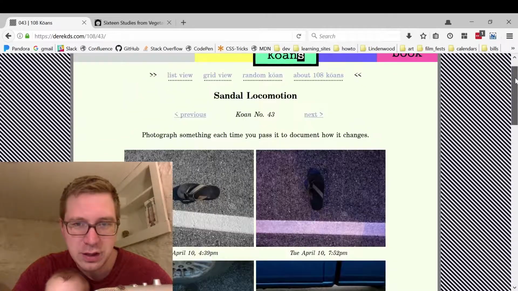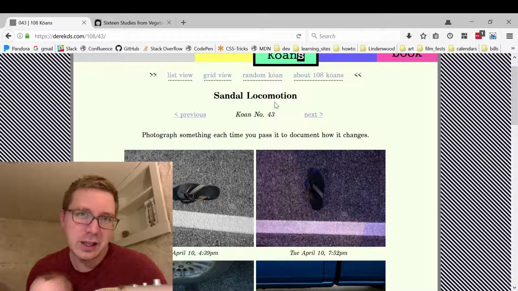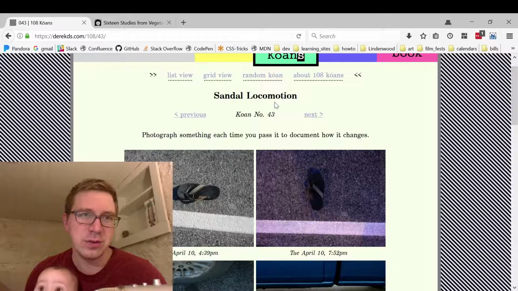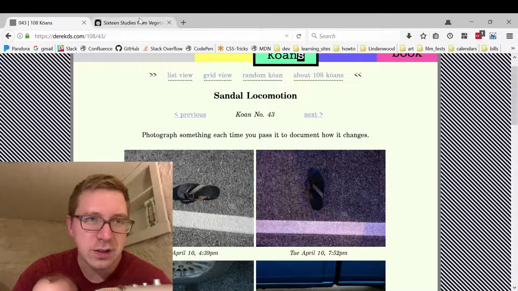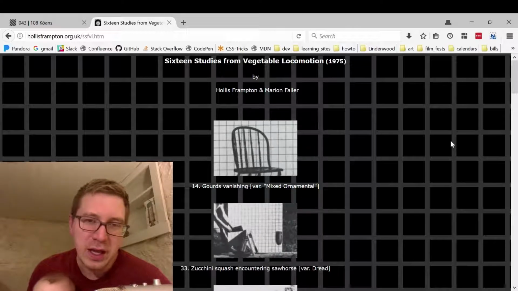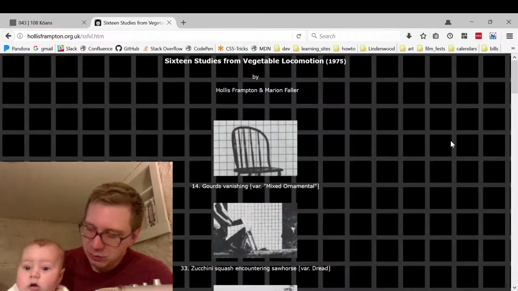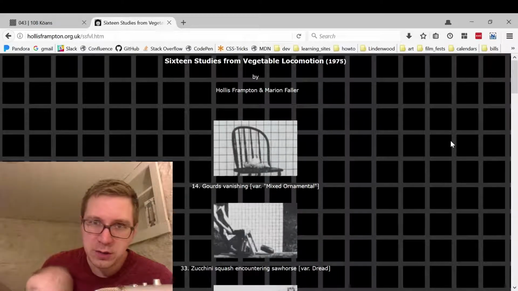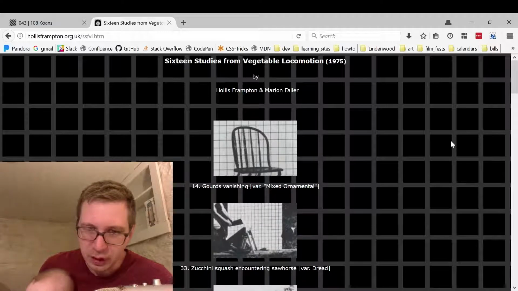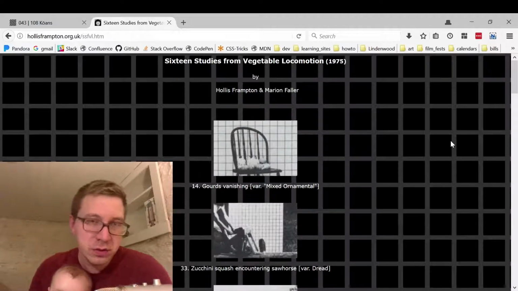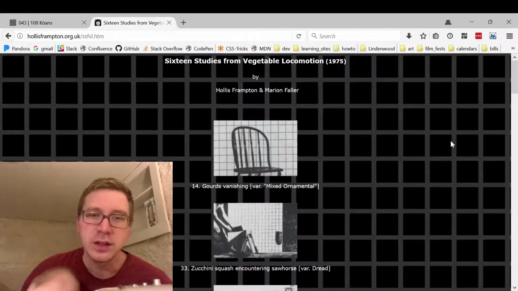And the title here, Sandal Locomotion, is in fact a reference to Vegetable Locomotion, a series of photographs by Hollis Frampton and his wife, the photographer Marion Fowler. Hollis Frampton is one of those structural filmmakers that I keep talking about that I'm very influenced by.